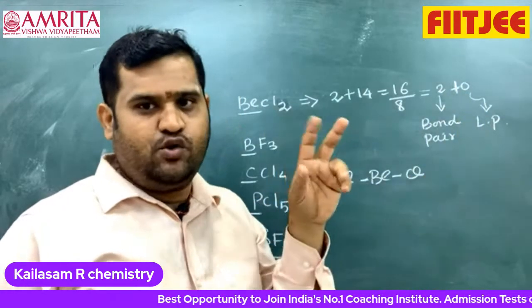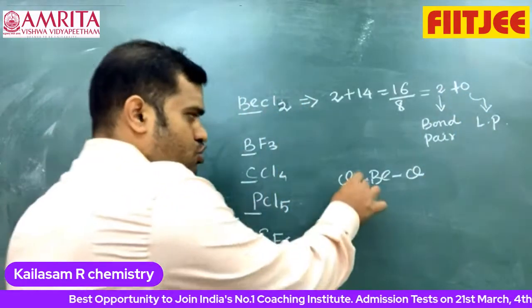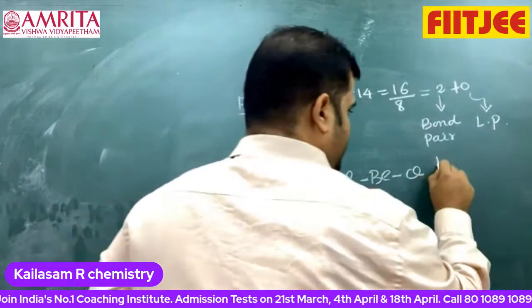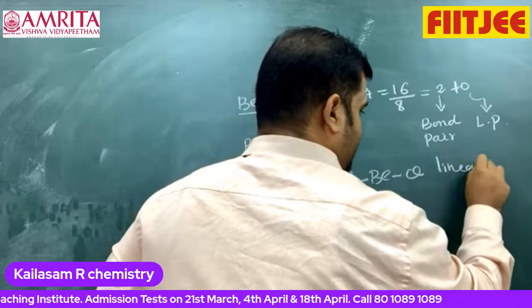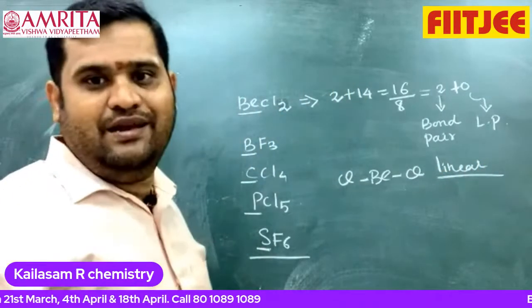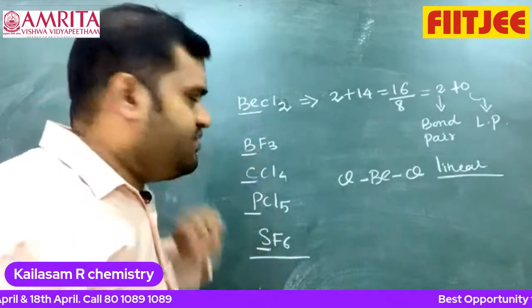That means BeCl2 has 2 bond pairs and 0 lone pairs, so the geometry of the molecule is linear. Linear shape.